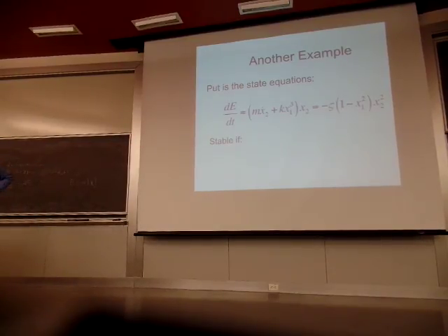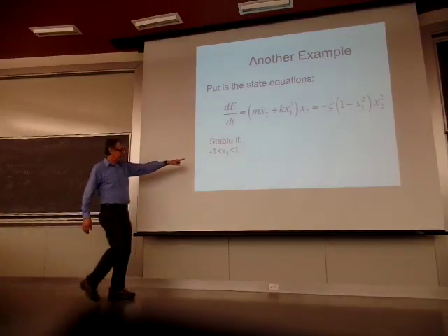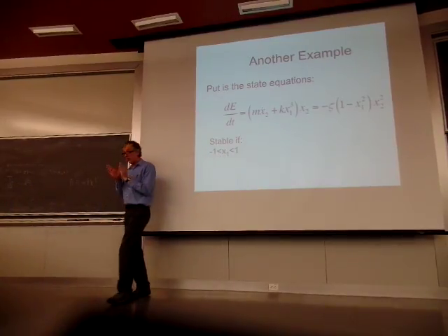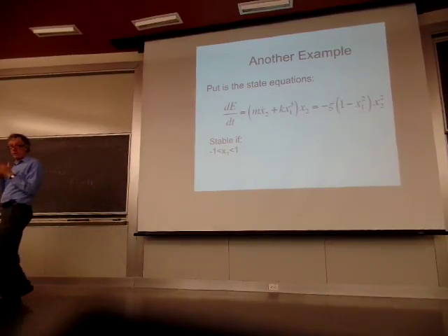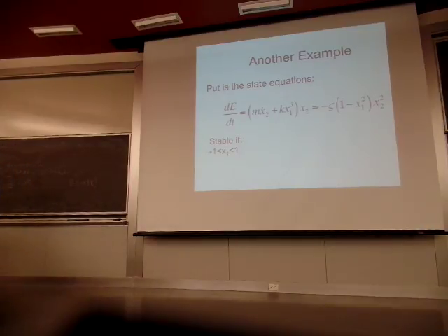Between negative 1 and 1, bound by minus 1 to 1. As long as my position is within minus 1 to 1, I'm stable. But outside of that, I'll be unstable. That makes sense? So you can even handle nonlinear systems to determine stability by this energy method.